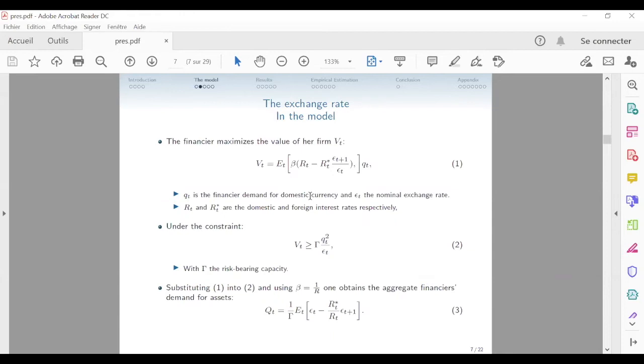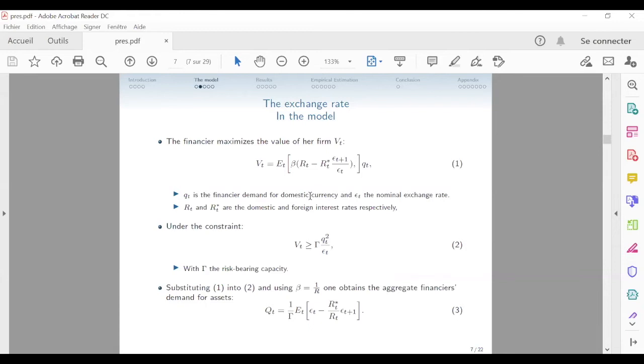I'll go quite fast here because it's really exactly the same thing as what Gabi and Marjorie did in their paper. But if you have questions at the end, no problem, I can explain more. The global idea is that, on their side, households optimally value their currency trade, of course. But what matters here is what the financier does.